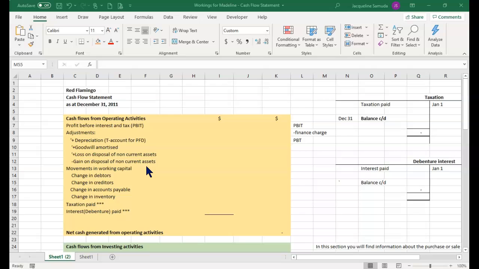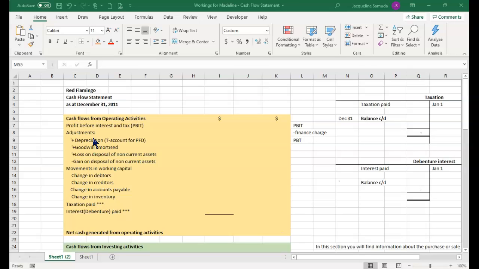So Red Flamingo went into business to make a profit. For them to do so, they had to be buying inventory and selling inventory, whether they want to call it inventory or stock, but they were buying and selling something. Now, this buying and selling activity represents the operating activities.